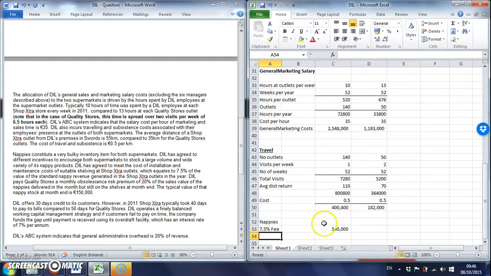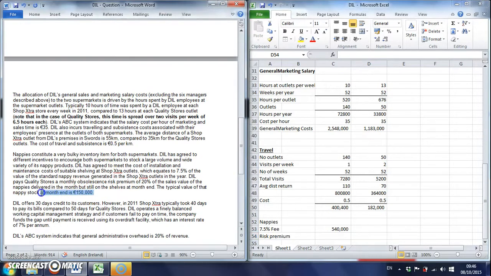But there's a separate fee here of a risk premium for the quality stores. What the quality store agreement says is you're paying a monthly obsolescence risk premium of 20% of the sales value of nappies delivered in a month but not sold. So whatever's left, they want an obsolescence risk premium. The typical value of nappy stock at the end of the month is 150,000.